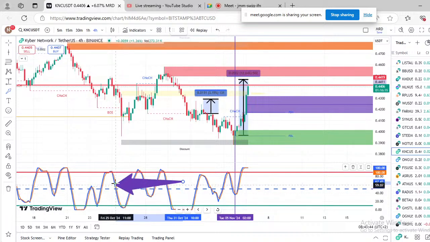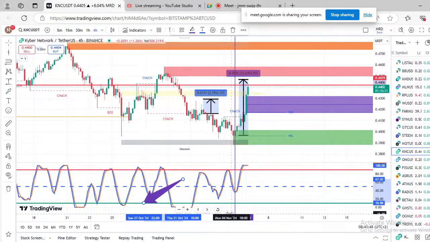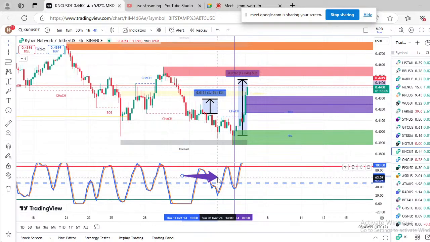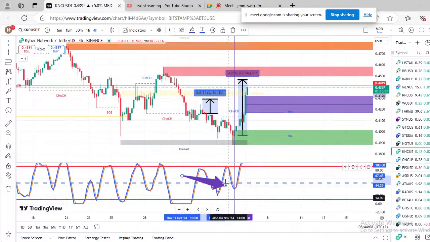But at least we should be below the dotted line. Don't enter when you find them bending at the top of the dotted line. Enter when they are below the dotted line, and when you find them below the green line, you are good to go. Compare what is happening here with what is happening on the chart.